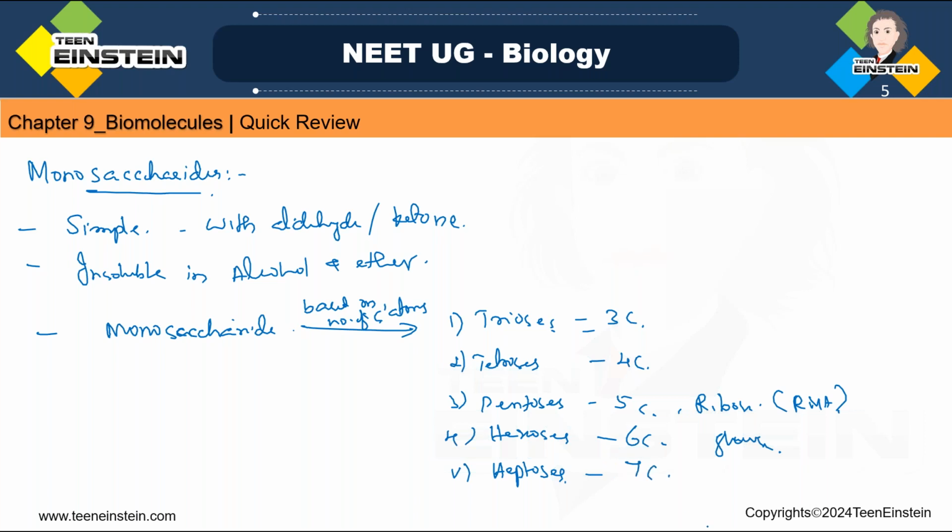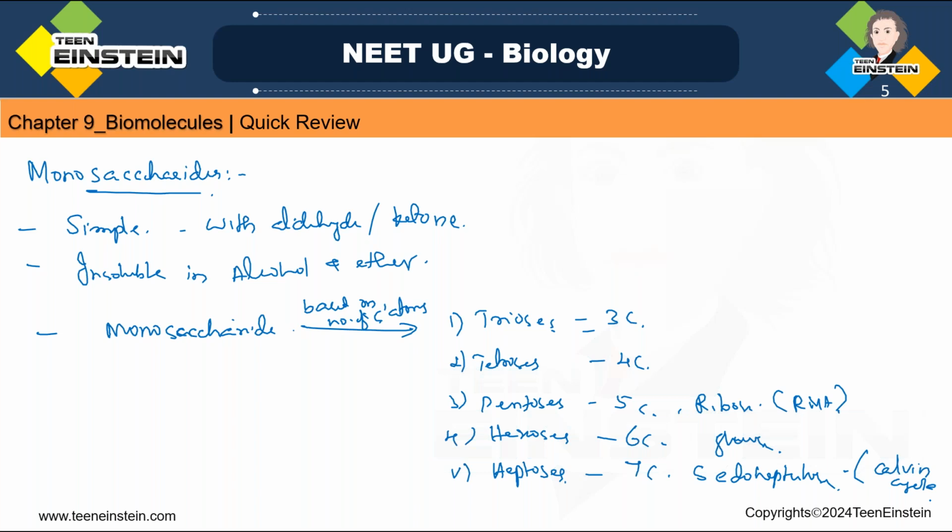An example is pseudoheptulose, and this pseudoheptulose is an intermediate in the Calvin cycle. So that's about the monosaccharides.